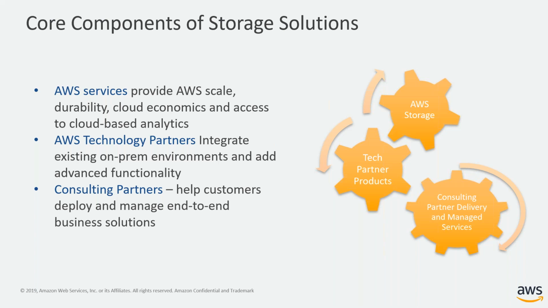Those services work together to provide customers with an agile, scalable, durable, and economic solution for running any of their cloud-based workloads. In addition, AWS works with technology partners like Rubrik, that you hear from today, to both integrate their existing on-premises solutions as well as build new solutions on AWS that add additional advanced functionality on top of the AWS services.